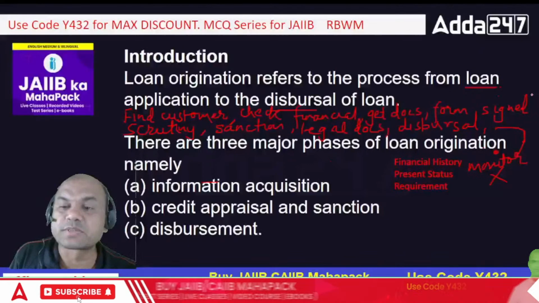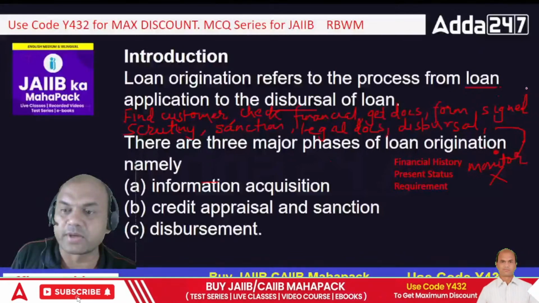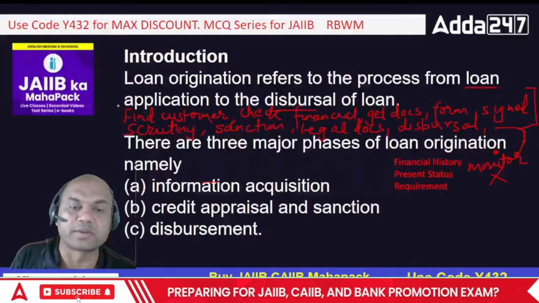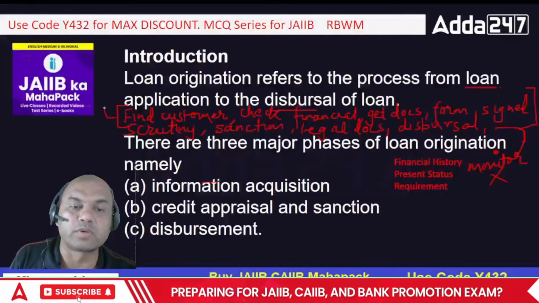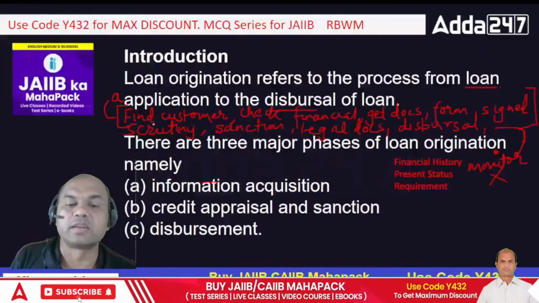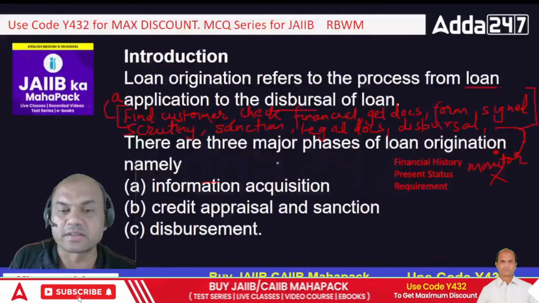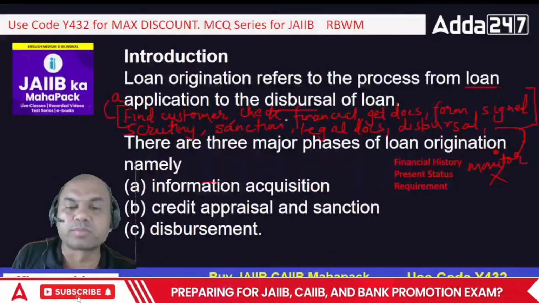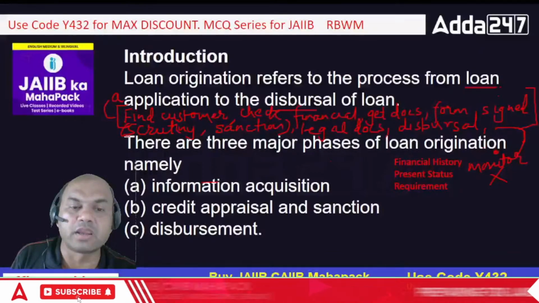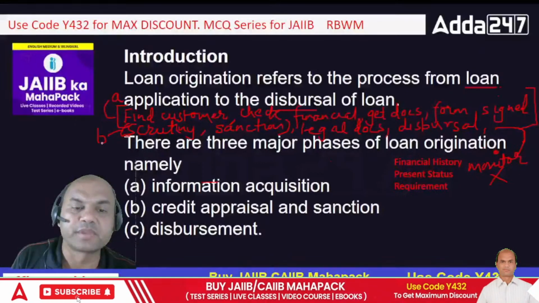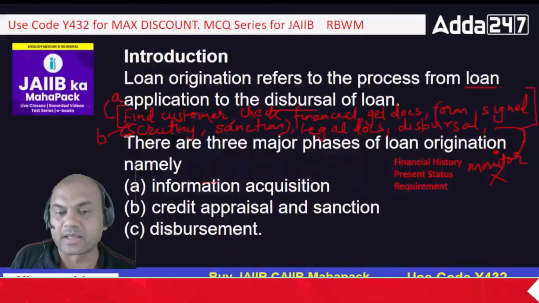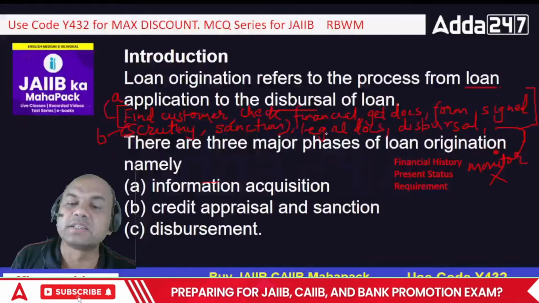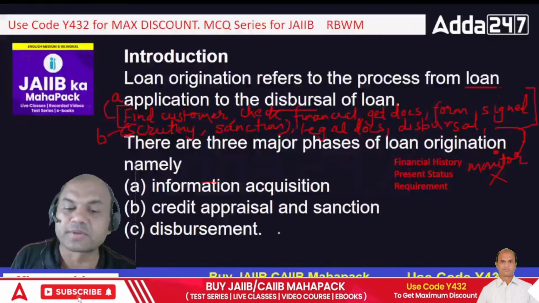Up to this part, this will come in part A. Then credit appraisal and sanction. See this, scrutiny and sanction. These two parts come together under B. Okay, this is B. Scrutiny and sanction comes under credit appraisal and sanction. And third part is legal documents and disbursal. This comes under disbursement.